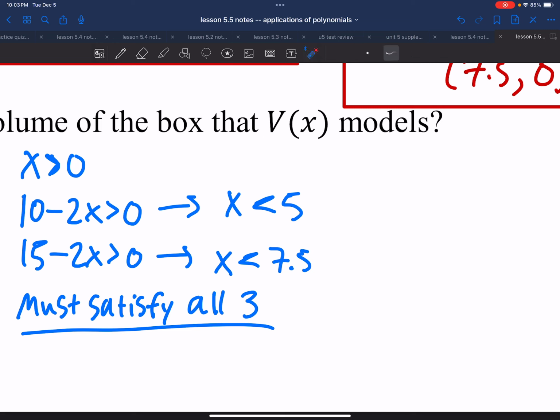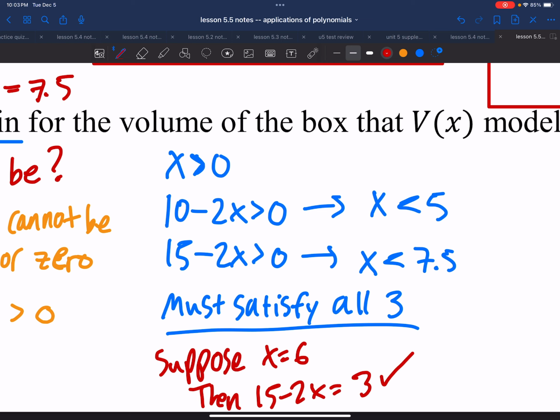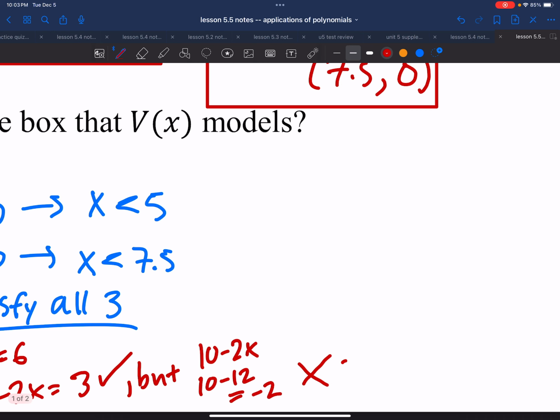Thing is, if it's less than 7.5, suppose x equals 6. Then 15 minus 2x, that's 15 minus 12 equals 3. That's good. But 10 minus 2x is 10 minus 12 is negative 2. That's bad, right? In fact, we're going to put an angry face.